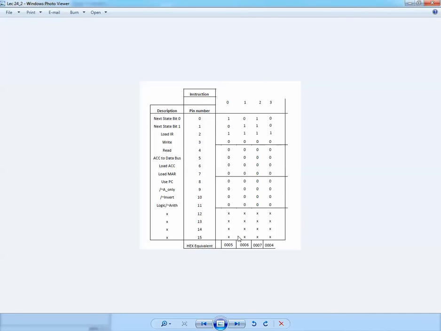And this is why if you read this in hexadecimal, it will not be 0001 anymore, or 0002, 0003, and 0004, but it will be 0005, 0006, 0007, and 0004. This is what we need to do here.